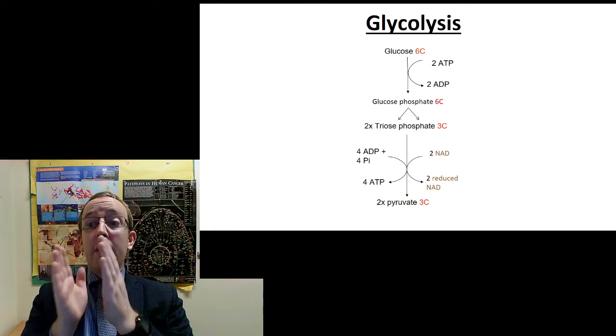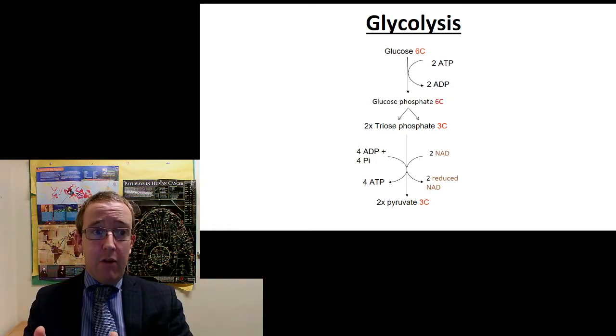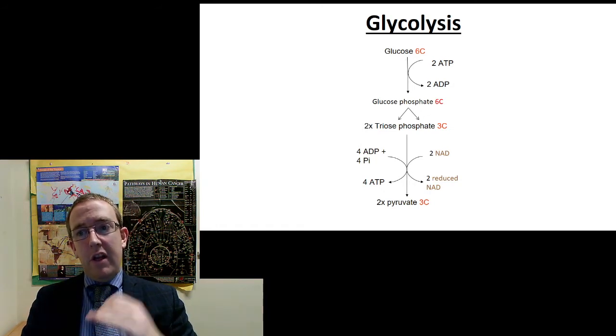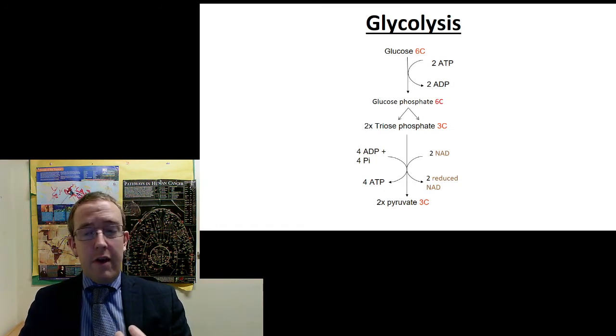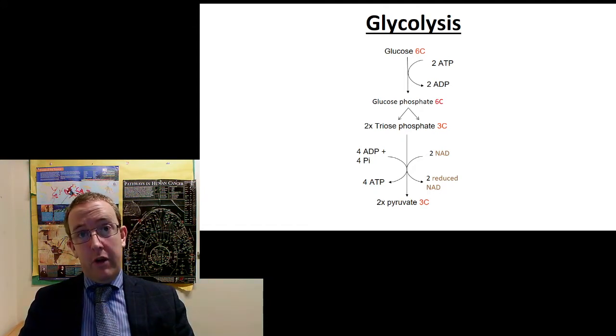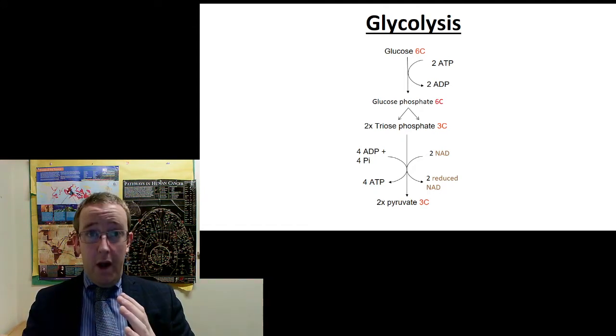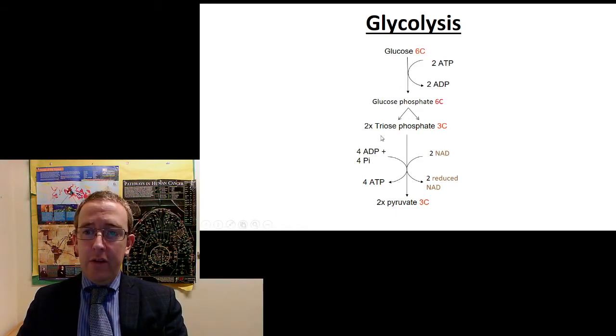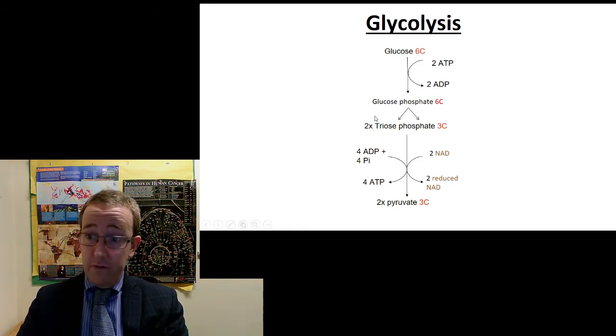Okay? Now, from this point onwards, see that splitting arrow there, you've got to think about everything doubled. Now, a lot of the diagrams will go per triose phosphate, or per glucose. And you've got to know which, because as you can see here, we've got to think about everything in terms of doubles, right?